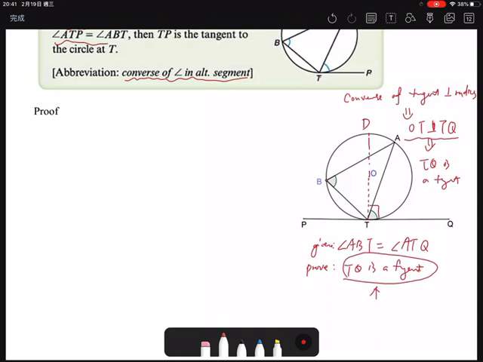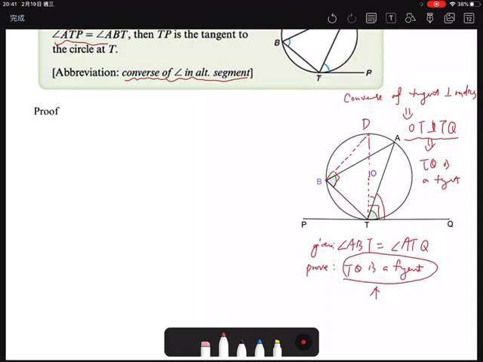If you want to prove this angle is 90 degrees, of course you have to prove the sum of these two angles is 90 degrees. Here DT we know is a diameter, so we can have 90 degrees, angle in semicircle.